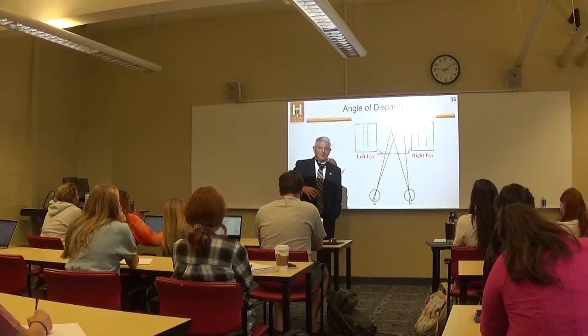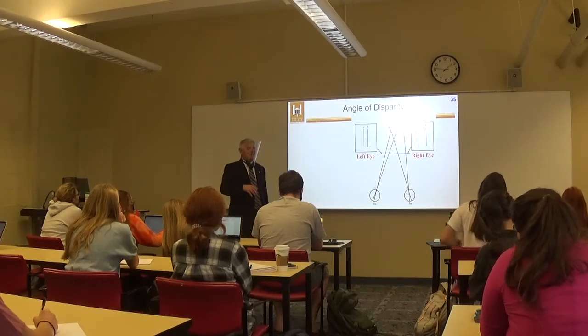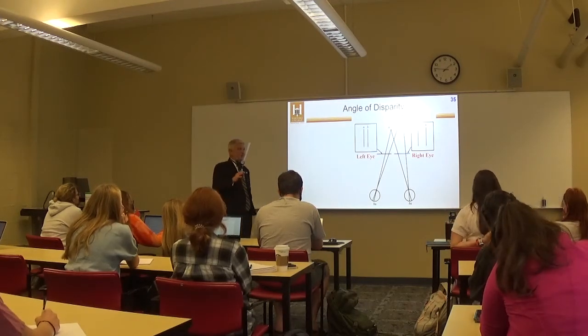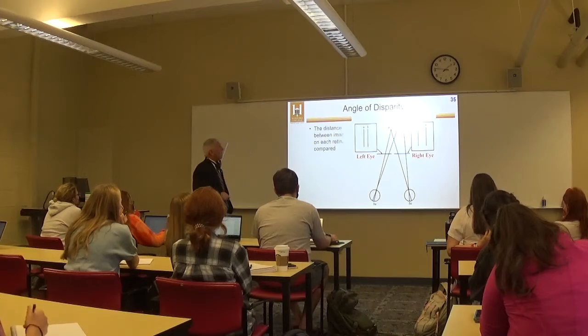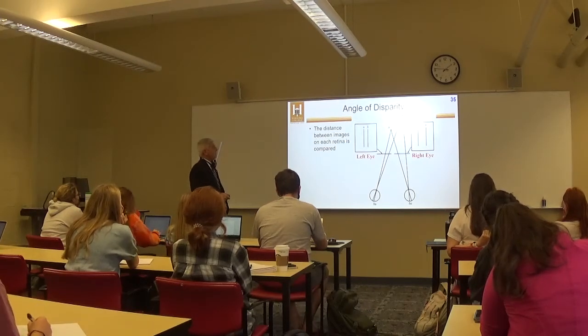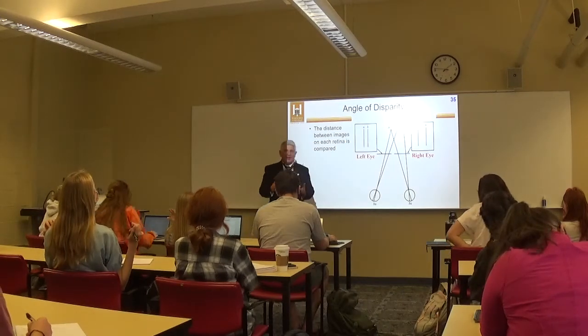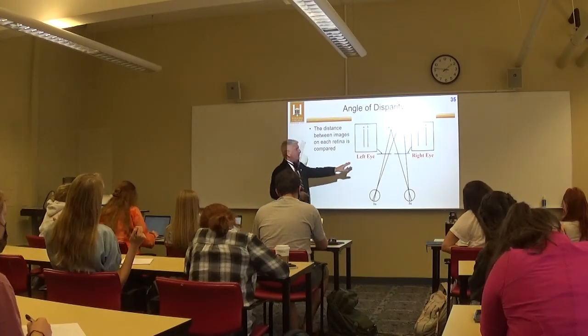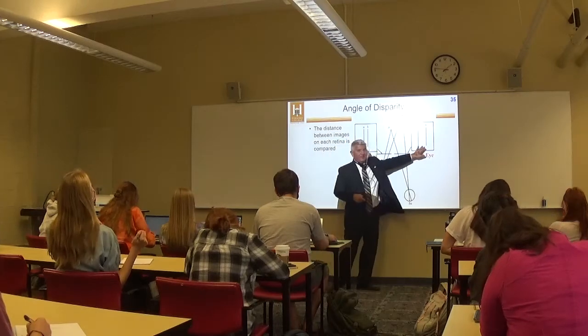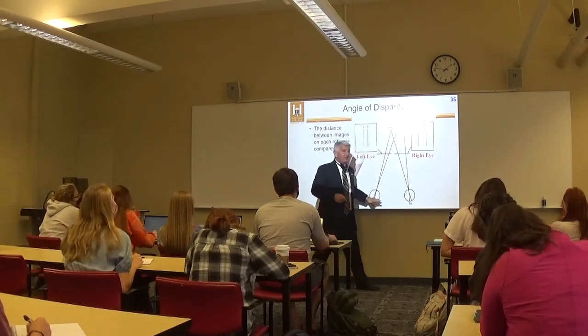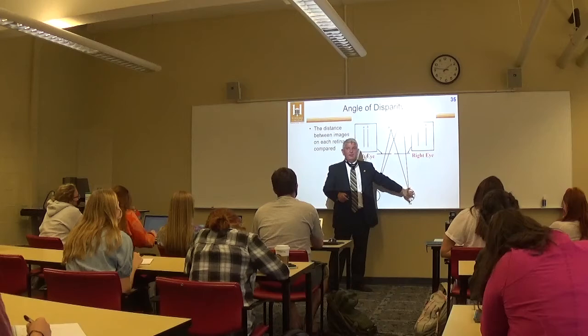That was easy. Now we get to talk about corresponding retinal points in binocular disparity. Our brain is able to actually calculate the distance between two of the same objects in each of our eyes and compare them.